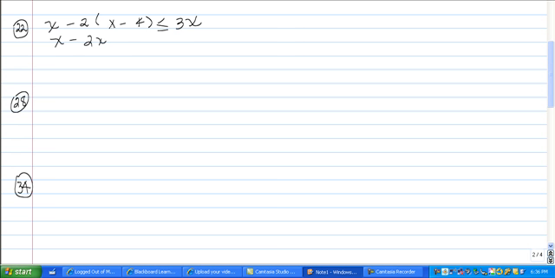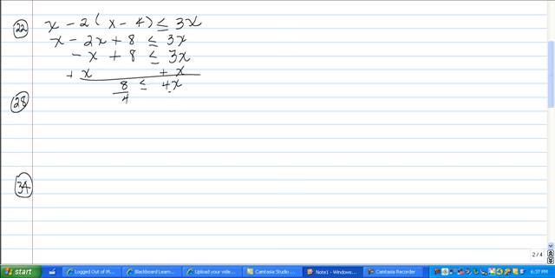Negative 2 times x, negative 2 times negative 4 would be plus 8. So we're going to get minus x plus 8 is less than or equal to 3x. Now let me add an x to get the x's together. 8 is less than or equal to 4x.